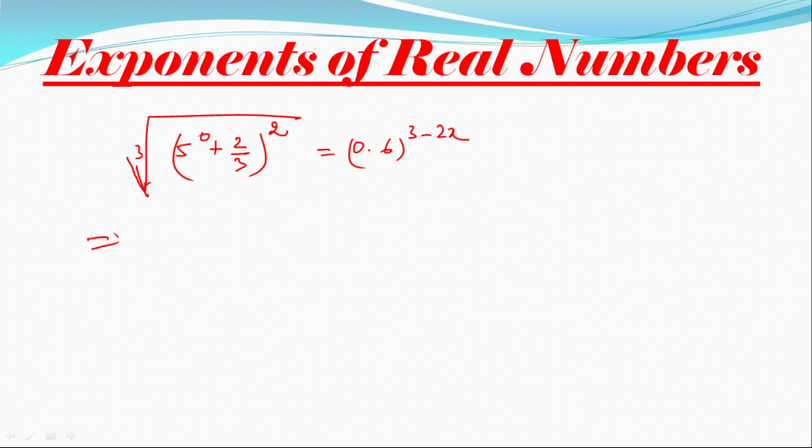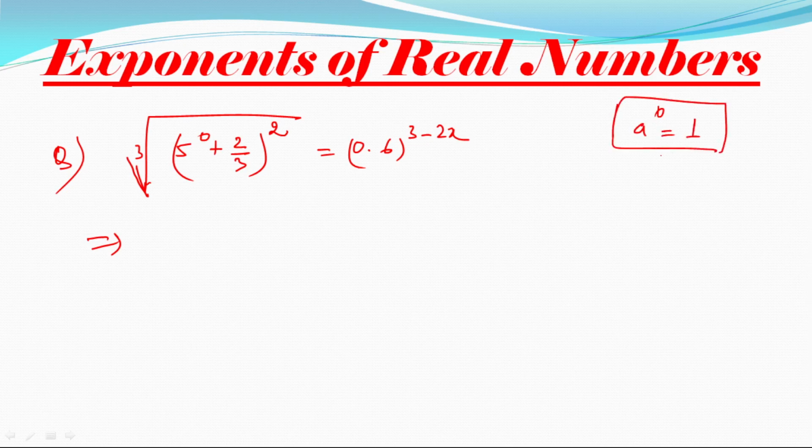Now this question we need to solve for x, we need to find the value of x. So 5 to the power 0, anything to the power 0 is equal to 1. So it has become 1 plus 2 by 3 square, and outside 1 by 3 because it is cube root.